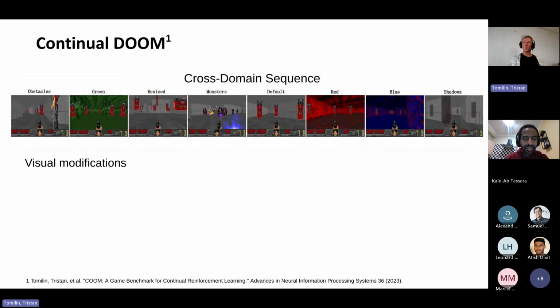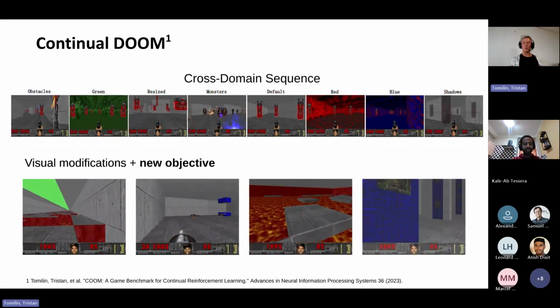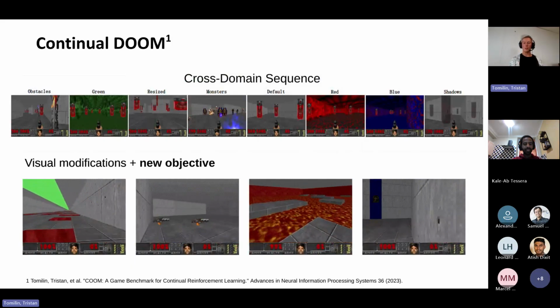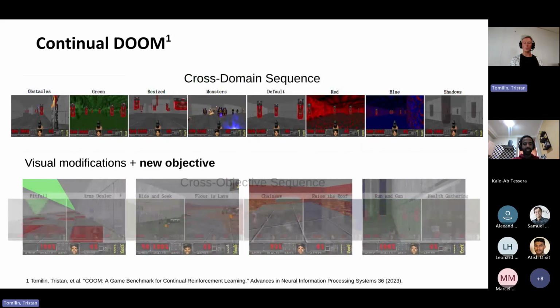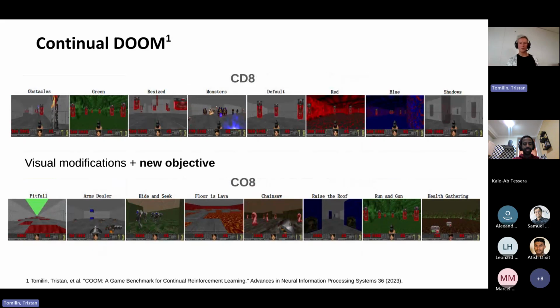A more interesting setting is not only modifying it visually, but also introducing new objectives every time. So every next task in the sequence not only has different visuals, but also a new objective. We'll refer to this as the cross-objective sequence. We can shorten these later experiments as CD8 and CO8.